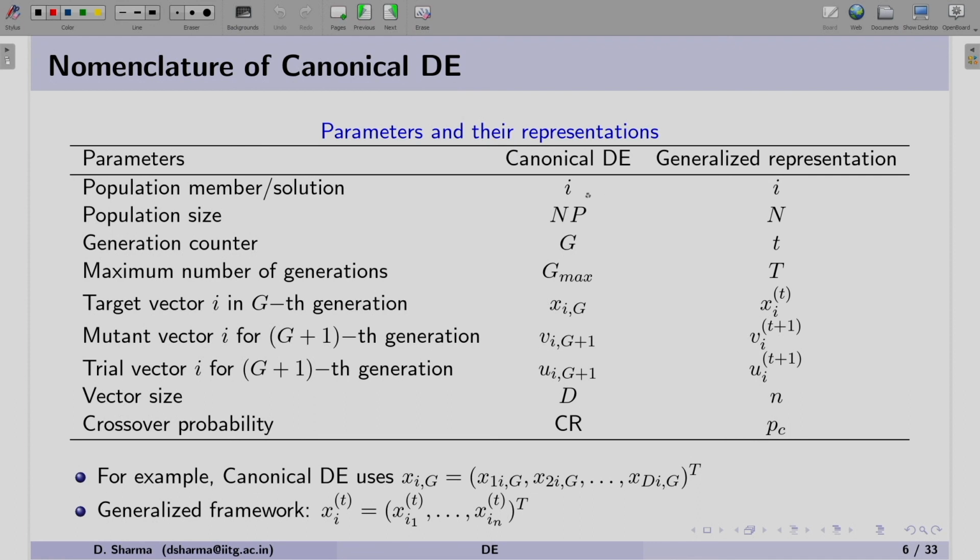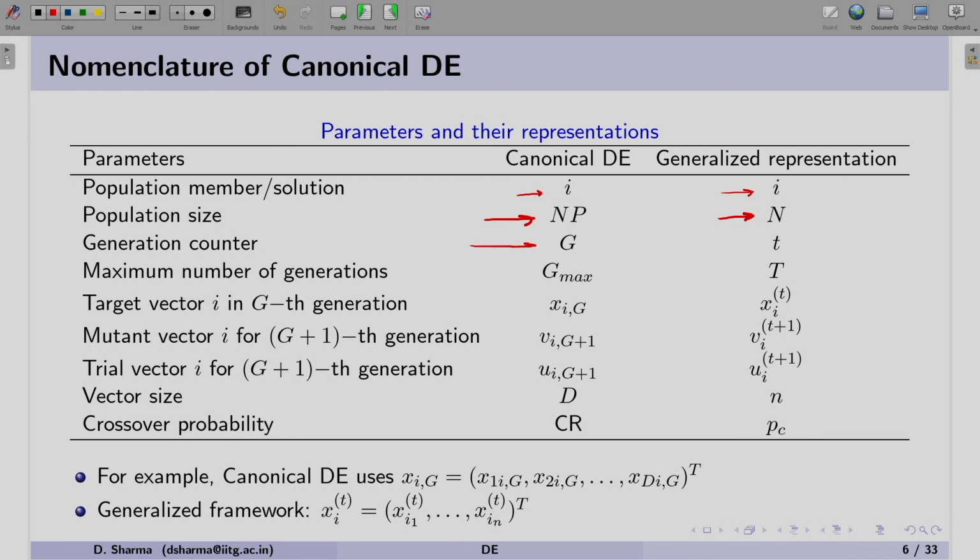Let us begin with the population member. As you can see, in both the cases we are representing the members as I. The population size, the second one, in canonical DE, is represented as NP. However, in our representation it is represented as N. So, N will be the population size.